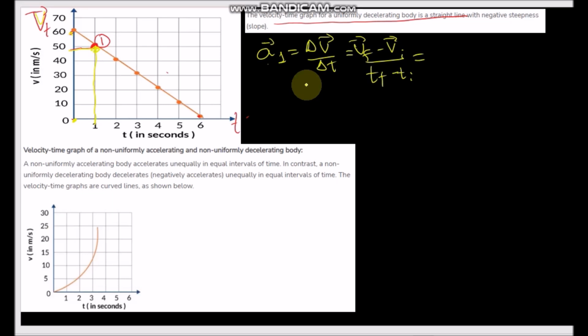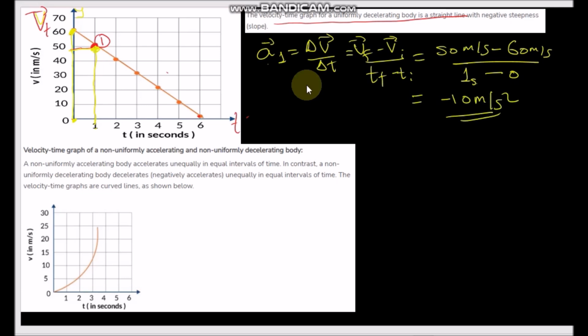At point 1, v final is 50 meters per second minus v initial 60, because the initial velocity is 60 meters per second, over t final, which at this point is 1 second, minus t initial, which is 0, which is equal to minus 10 meters per second squared.